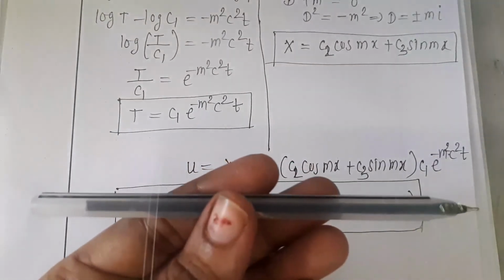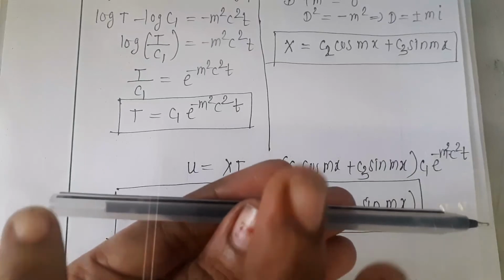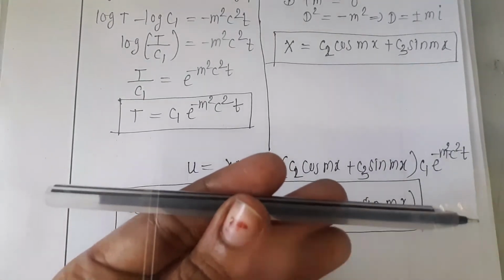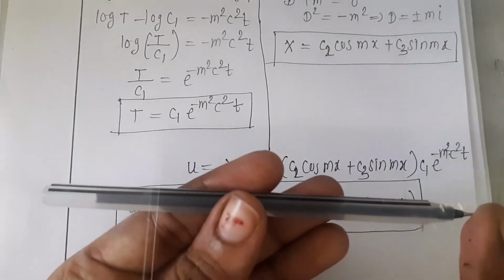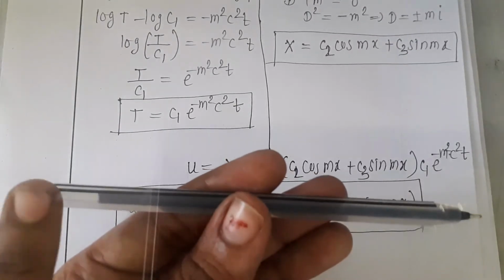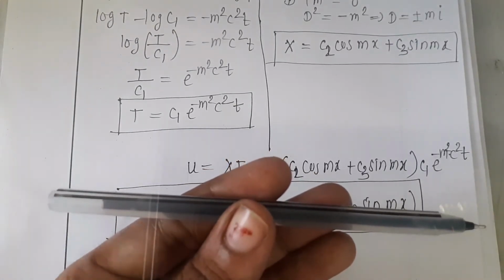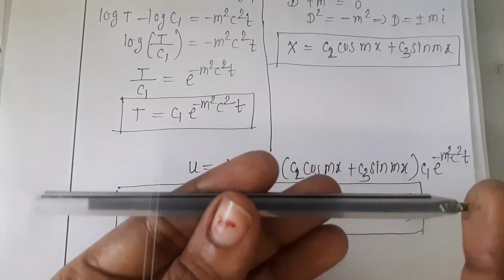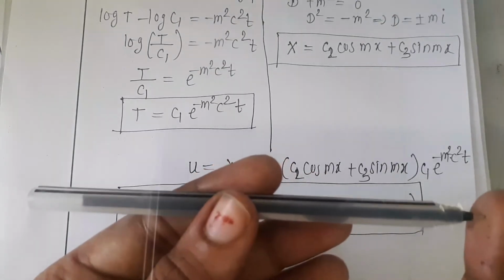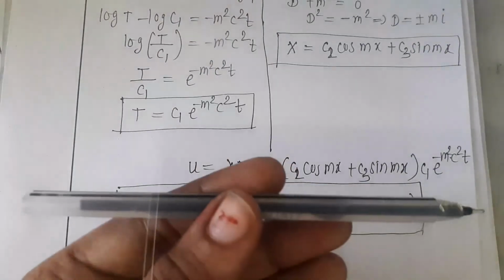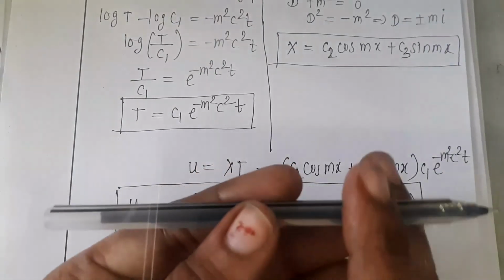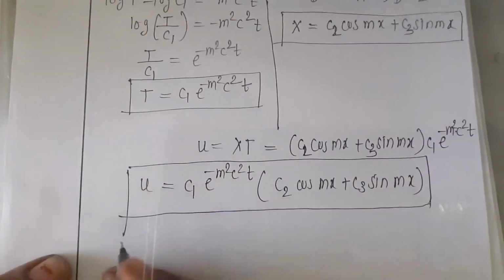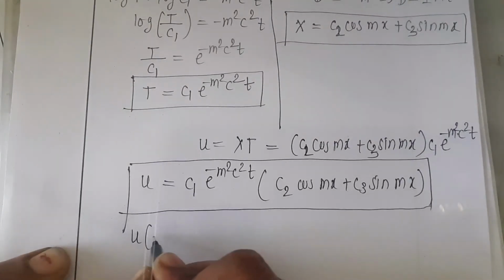So if we consider a rod, suppose this is a rod, it has two ends. If the rod is of length L, then at one end we will get one boundary condition, at the other end we will get another boundary condition, and we also get an initial condition. Sometimes it is mentioned in the problem, or directly the end conditions are at x is equal to 0, u of (0, t) is equal to 0.